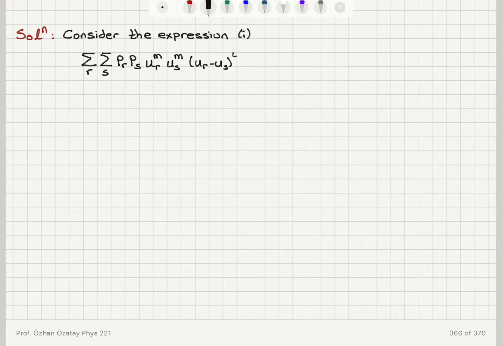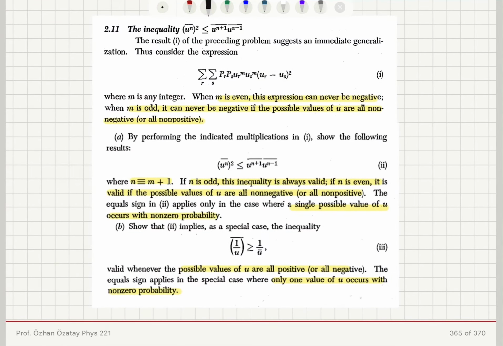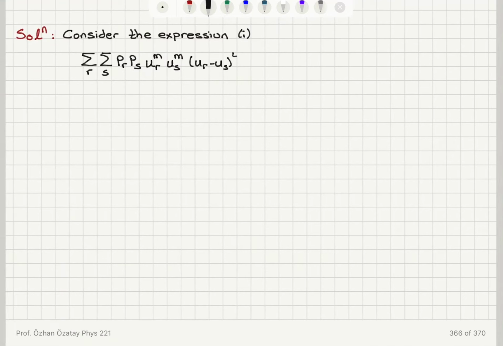So the problem statement goes through the cases when this is going to be positive, so it can never be negative. So when is this expression greater or equal to 0?